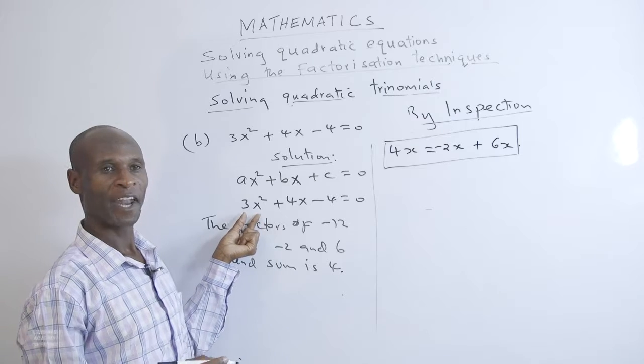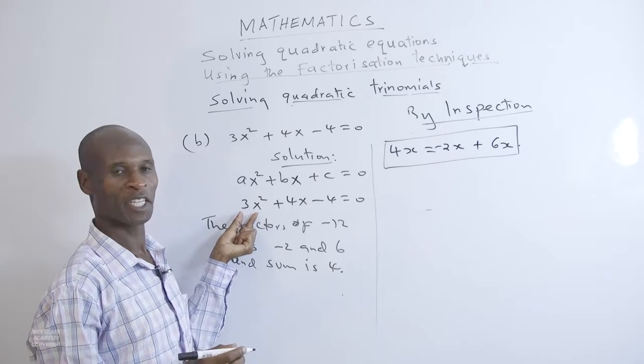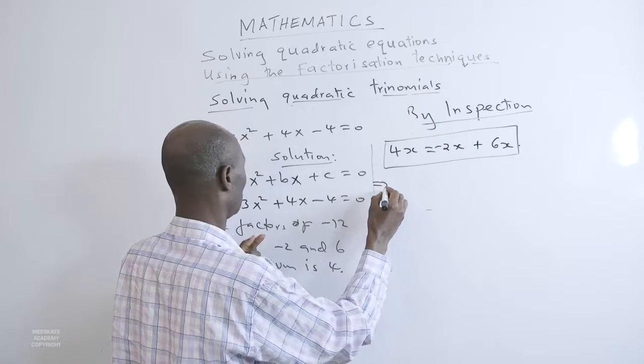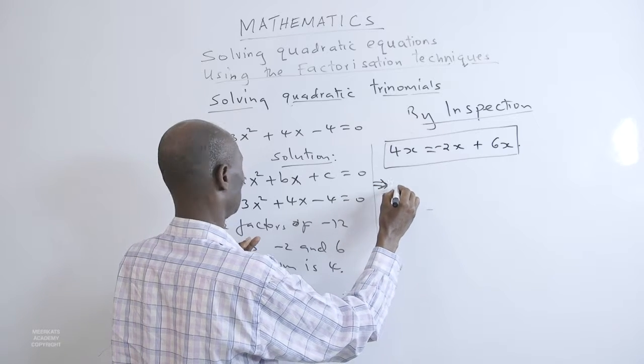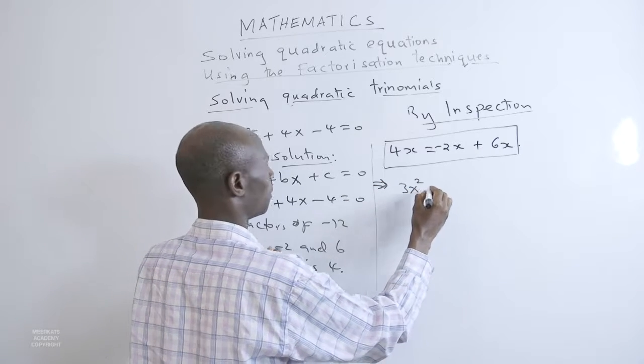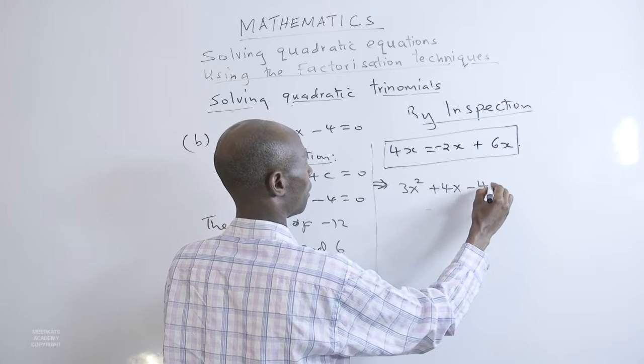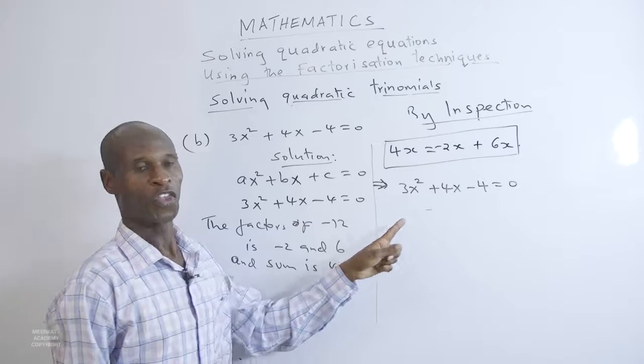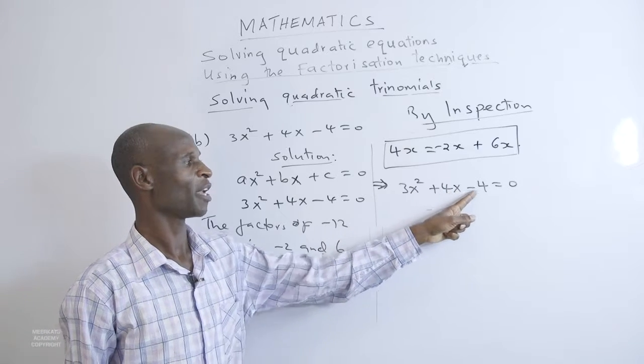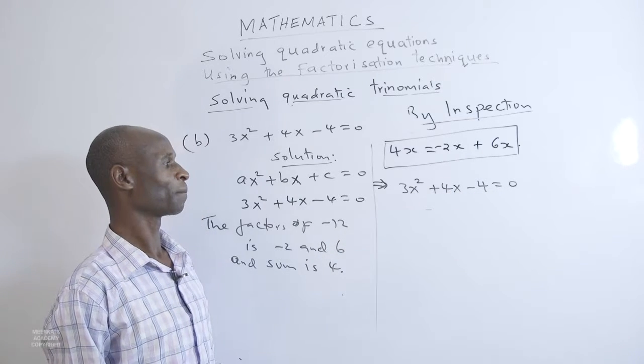We go ahead and rewrite the quadratic equation, that is 3x squared plus 4x minus 4 is equal to 0.